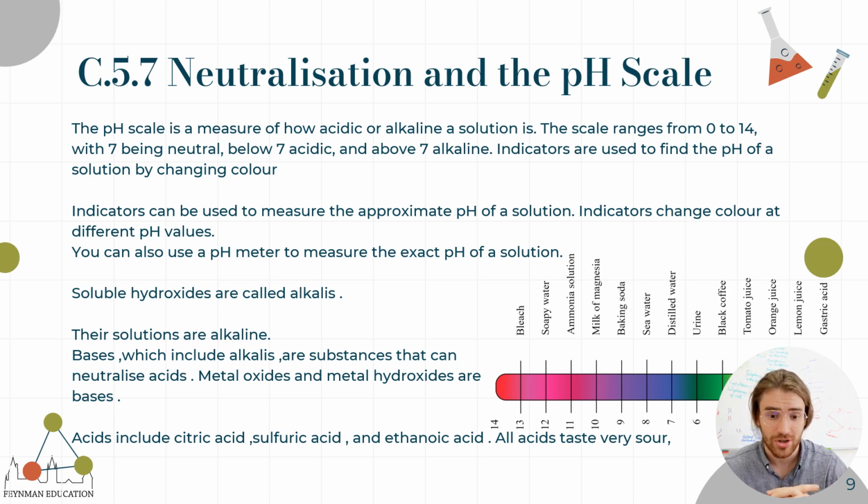As we can see, some examples of our bases are things like baking soda, ammonia solutions, soapy water, okay, and as we get closer to the center, we're going to see distilled water, neutral, okay. Urine is actually also pretty neutral, which is quite interesting, and as we go down, eventually we get to our own stomach acids, which are extremely acidic. That's how we are able to break down something like meat, okay.